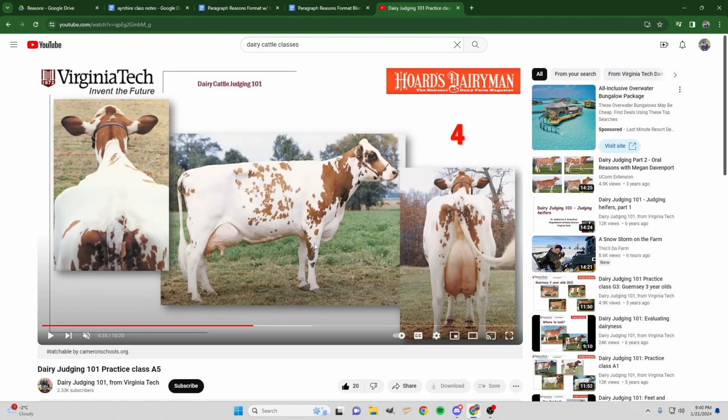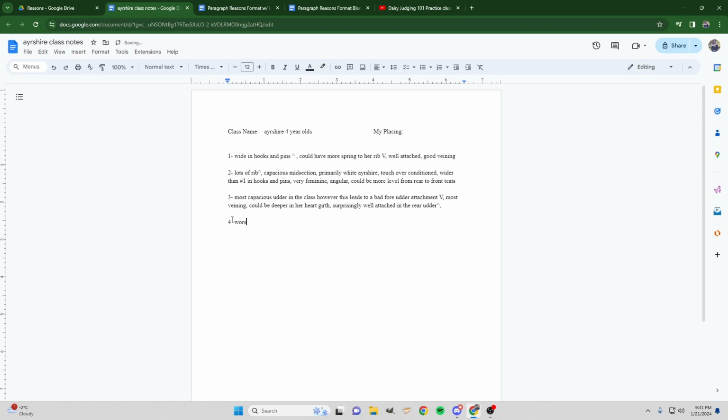Moving on to number 4, she looks a little sluggish in the head. Again, could be deeper in the heart girth, but what we're really going to want to focus on here is this udder. She's not got the best udder floor. Worst udder floor. Big down arrow.